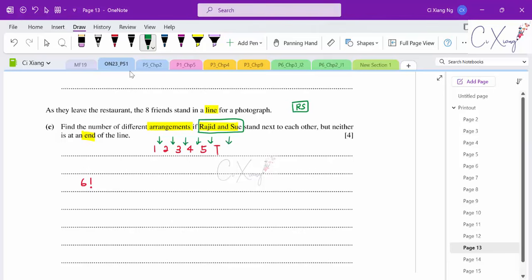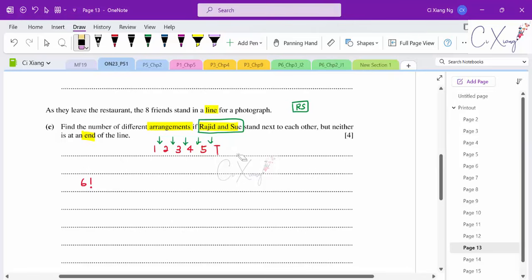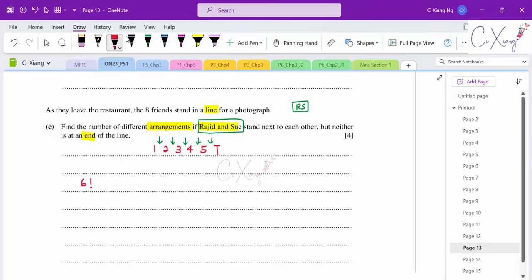You can see I won't put my arrow outside, because if I did, then Rajit and Sue would be standing at the end. So the sides cannot be included as a position for Rajit and Sue. If you look at the number of arrows here, there are 5 spaces available for Rajit and Sue. So you multiply it with 5.